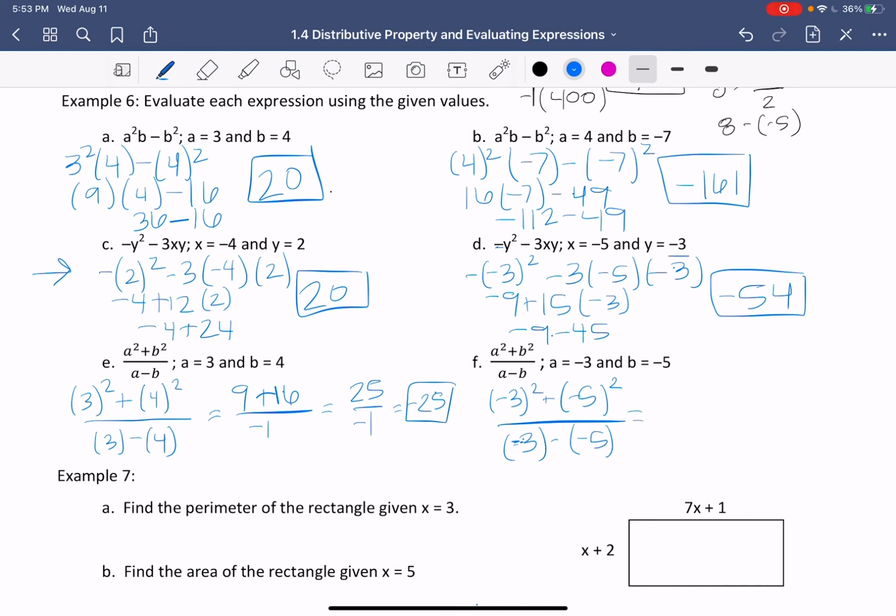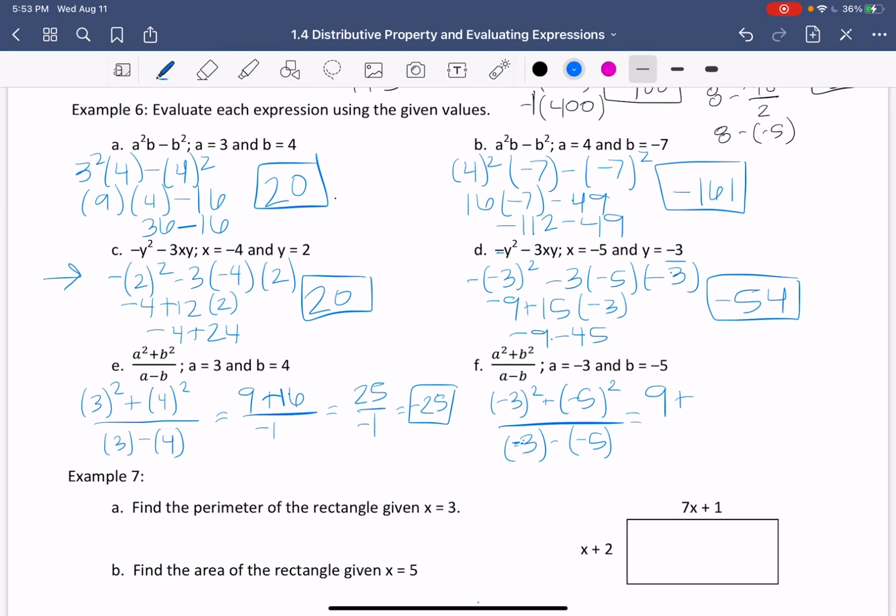Okay, so negative 3 squared is 9. Negative 5 squared is plus 25. And then negative 3 minus negative 5, that's negative 3 plus 5. That's going to give us 2. 9 plus 25 gives us 34. So then we can say 34 divided by 2. That will give us our answer, which is 17.